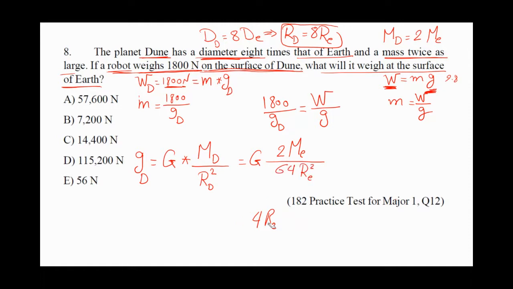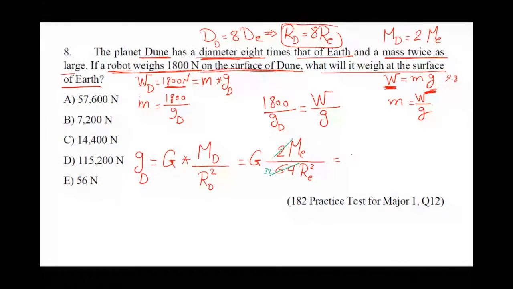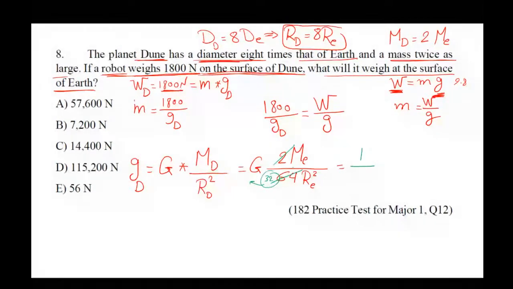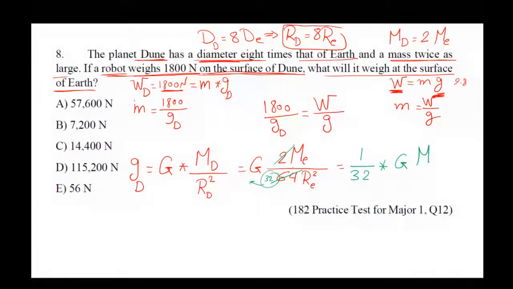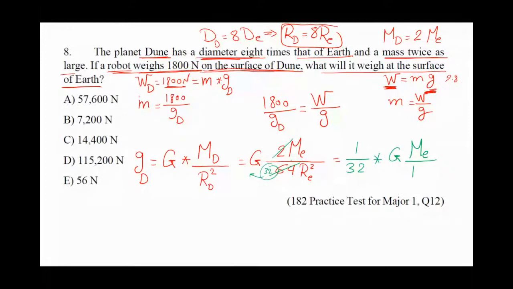Let's simplify it. Divide over 2, divide over 64, it will be 32. Let's take the 32 outside. It will be 1 over 32 times G times the mass ME divided by the radius RE squared. What is this part in the circle here?